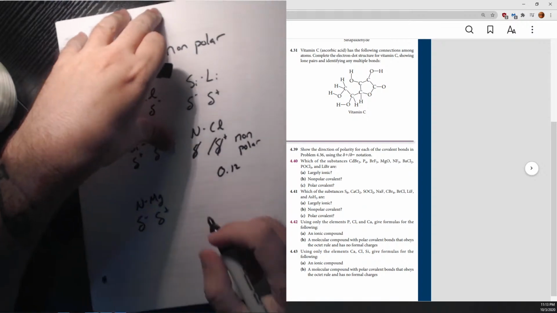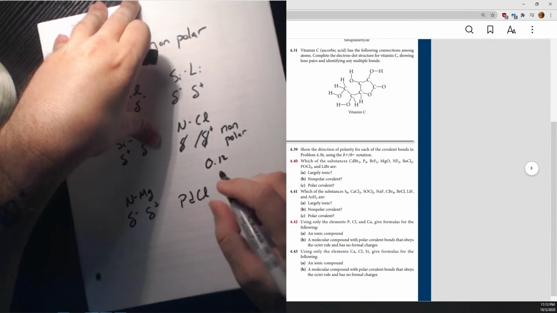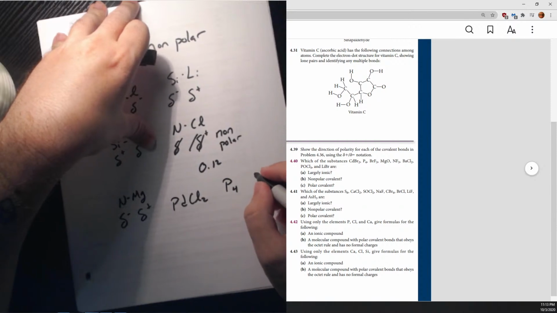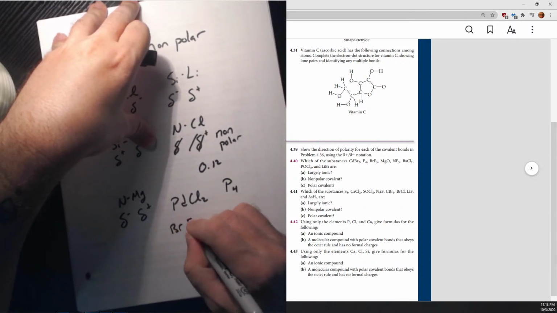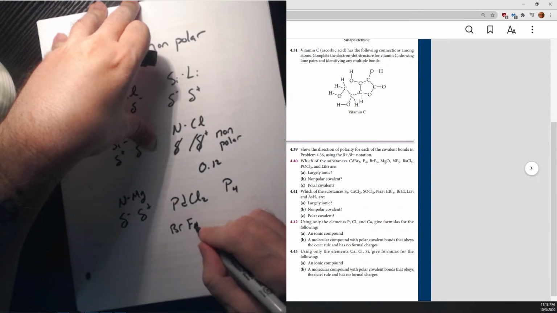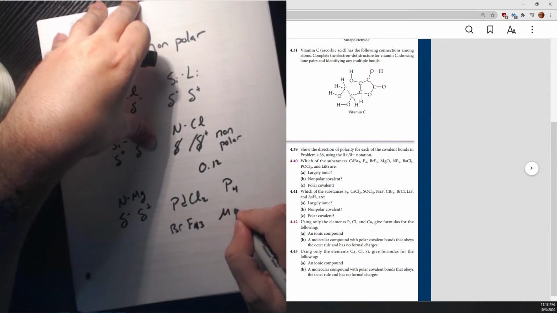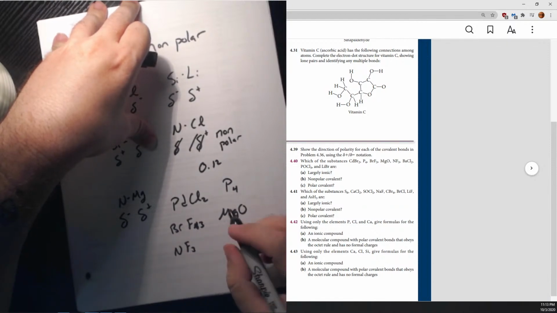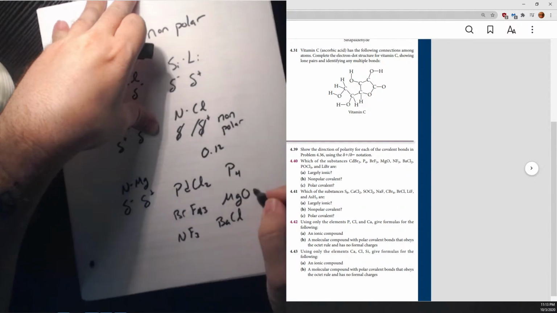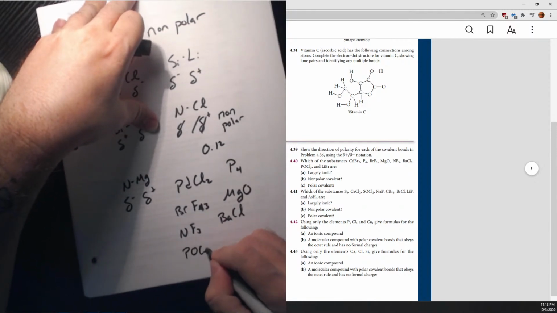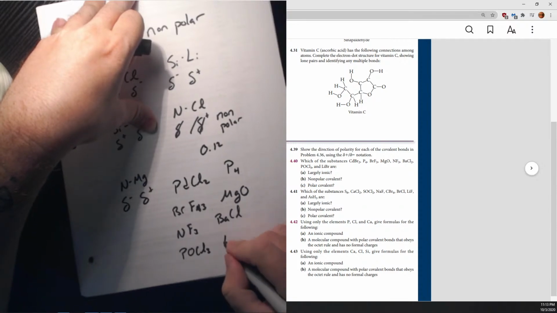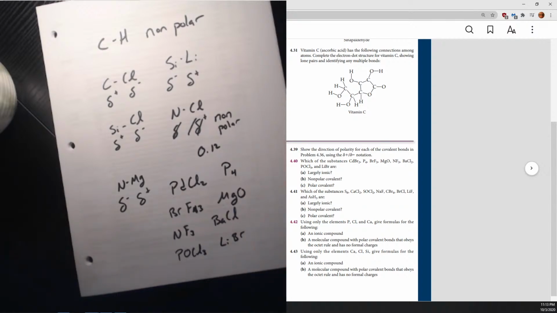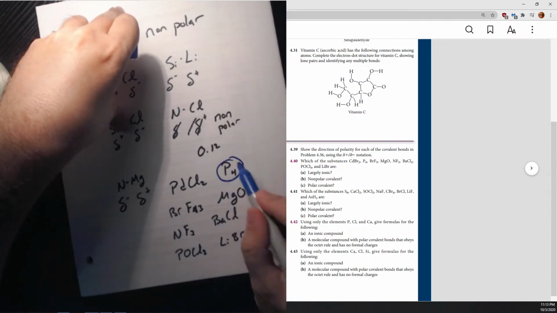So we have palladium chloride, phosphorus, bromine trifluoride, magnesium oxide, nitrogen trifluoride, barium chloride, POCl3, and lithium bromide. All right. So which are nonpolar? For nonpolar, I'm going to do blue. Phosphorus is nonpolar.